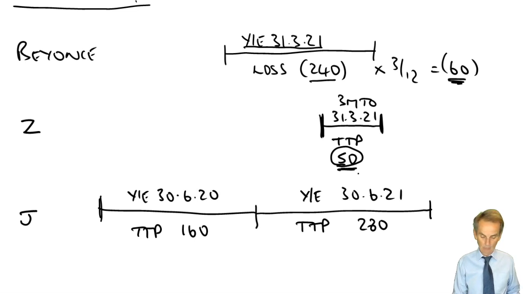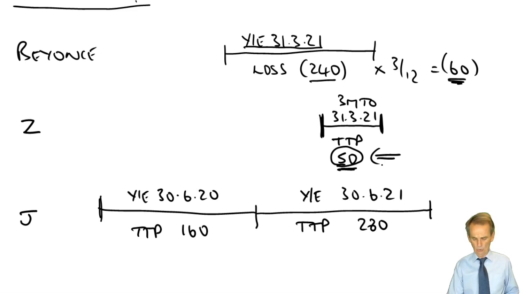Therefore, the maximum group relief that we can have is the lower of the two, and that, of course, means it's £50,000 of group relief that would be available here. Remembering, of course, that with group relief, you can claim as much or as little of the available loss against the claimant company's available profits as you choose. So the maximum group relief here available to Z Limited, or Z if you prefer, is going to be £50,000.